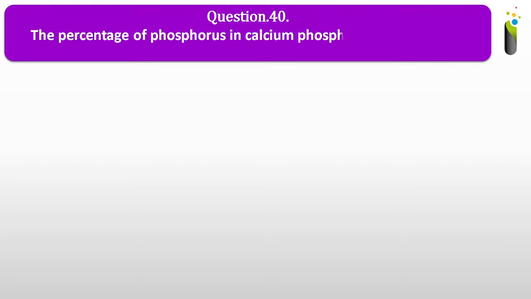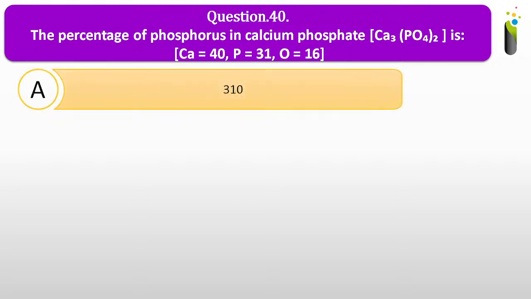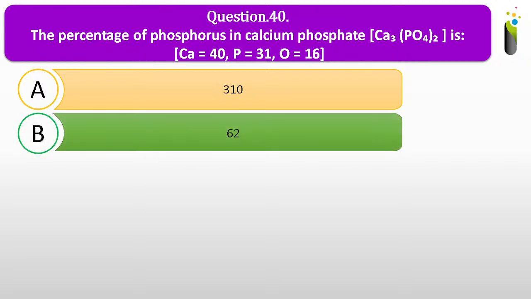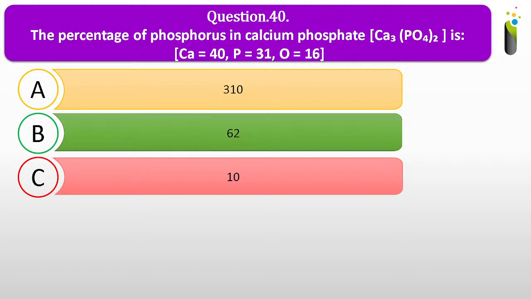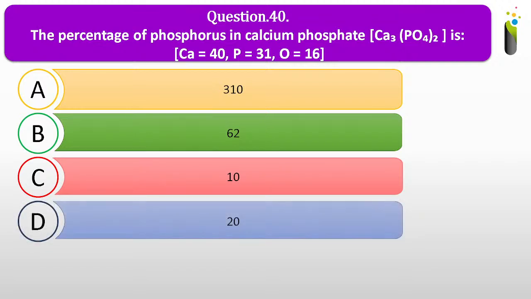The percentage of phosphorus in calcium phosphate, that is Ca3(PO4)2, is dash, wherein calcium is equal to 40, phosphorus is equal to 31, oxygen is equal to 16. And your options are A. 310, B. 62, C. 10, D. 20.